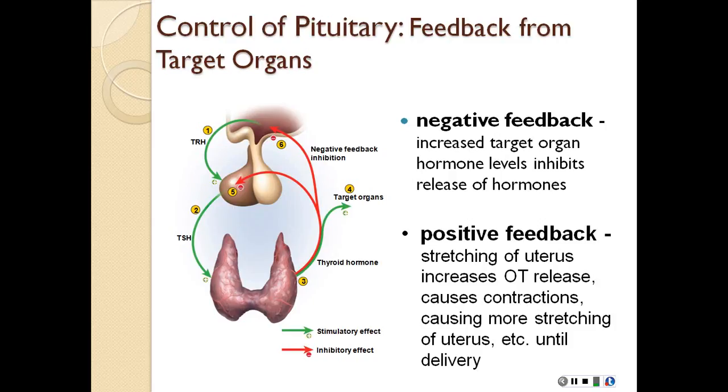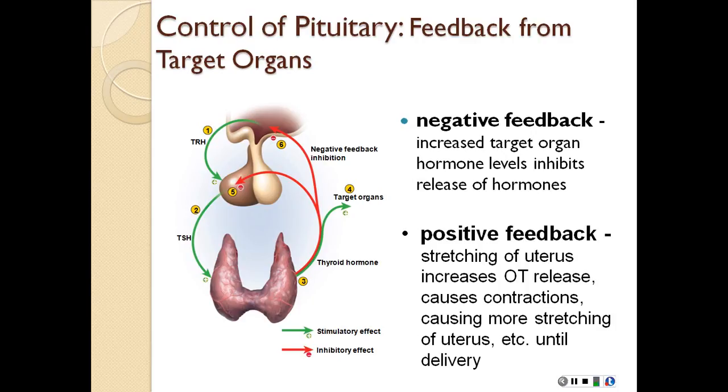Okay, so that's an example of how the hypothalamus is important in regulating the control of the pituitary gland and hormonal control. So if you all remember from chapter 14, I believe, one of the functions of the hypothalamus was to regulate the release of hormones. Remember that? So here's how that works.